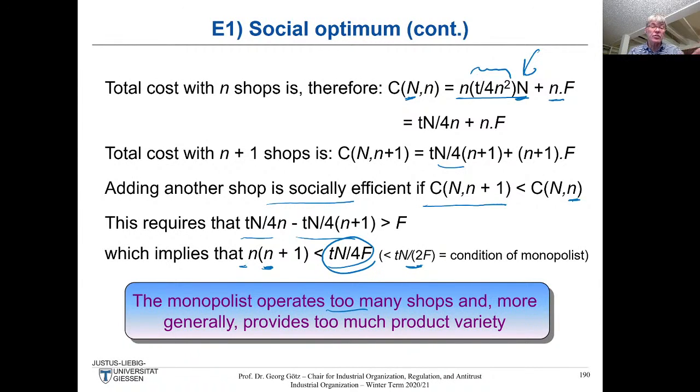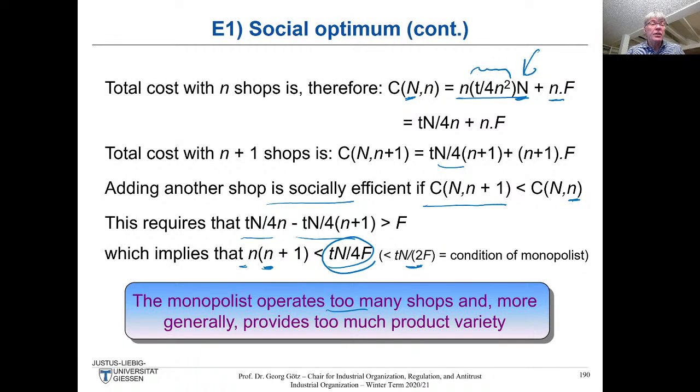How can the monopolist increase its profit? If it adds another shop, it is able to charge a higher price, and therefore it redistributes some consumer surplus to the firm and turns it into profit. And this redistribution is just something the social planner doesn't care for. And that's why we get too much variety here.